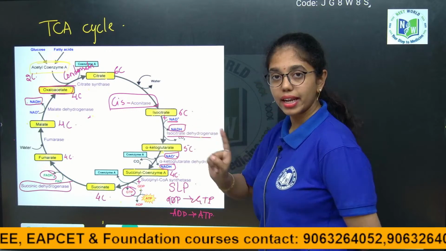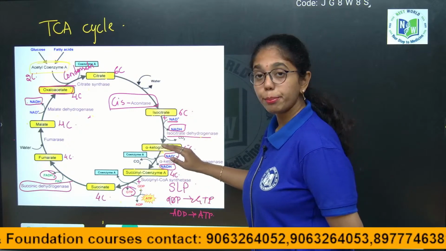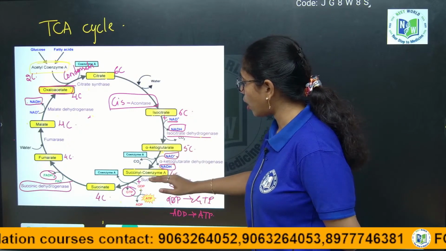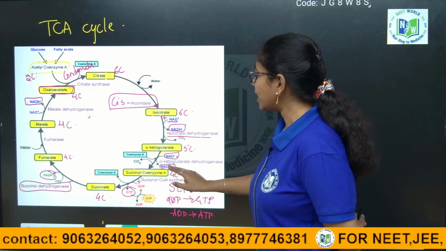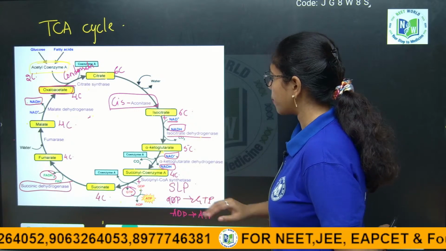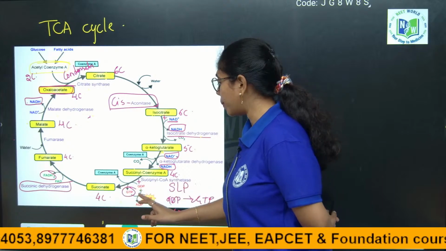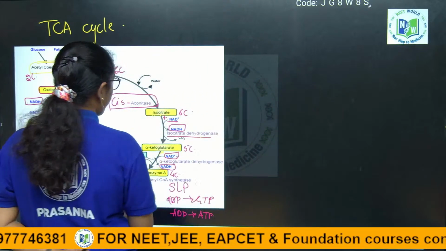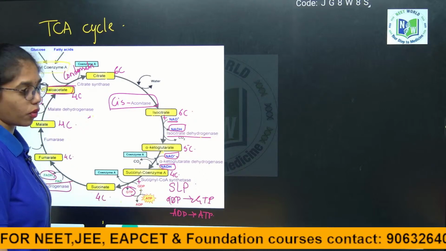In this step, one NADH and one carbon dioxide are released. Then the 5 carbon compound alpha ketoglutarate forms succinyl coenzyme A, a 4 carbon compound, and this also releases one NADH and one carbon dioxide. Succinyl CoA forms succinate by forming one GTP or one ATP molecule, which is substrate level phosphorylation.